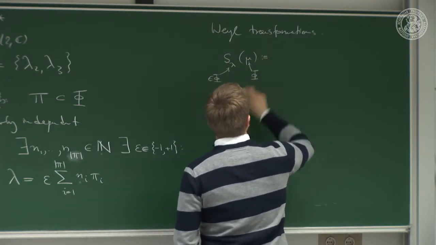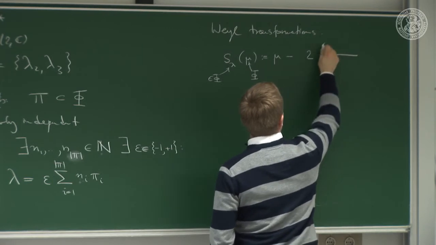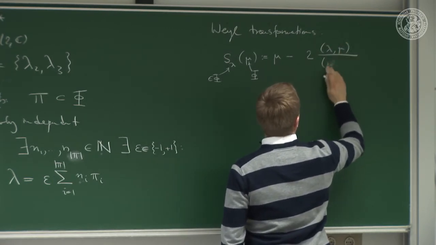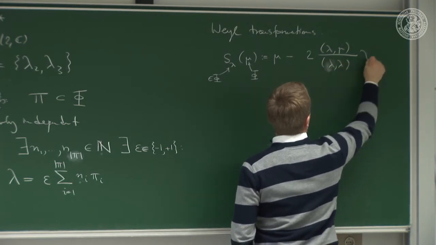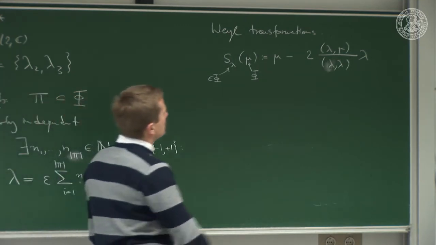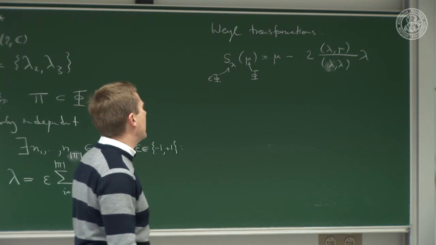And this was linear in mu, so this was mu minus 2 times lambda comma mu by lambda lambda times lambda. So this is decidedly linear in mu, but it's also decidedly nonlinear in lambda. This is the Weyl group.